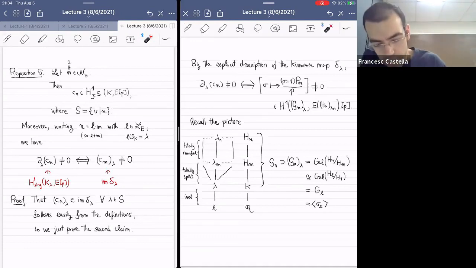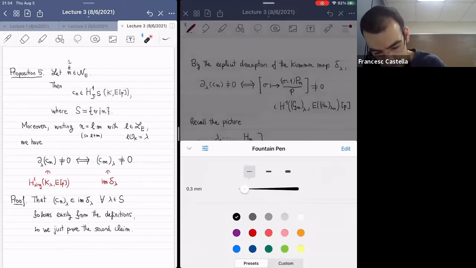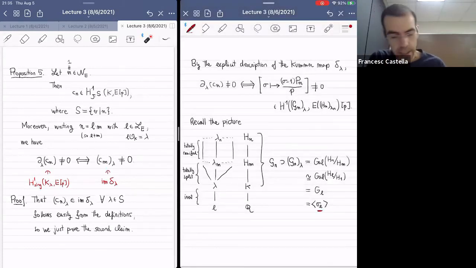So we're interested in deciding when this is a non-zero cocycle for this group, but this group is actually generated by sigma_L. So what we need to do is understand the image of this cocycle at this generator sigma_L. We just care about this image now.